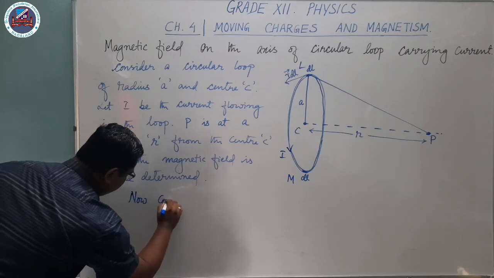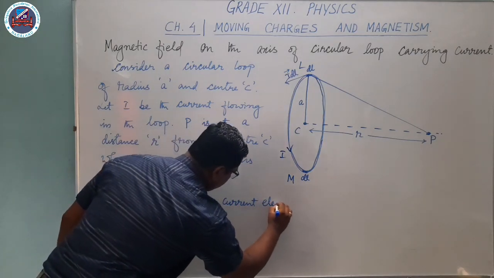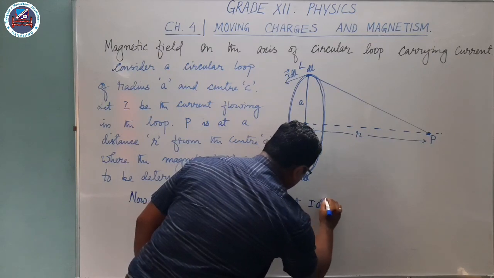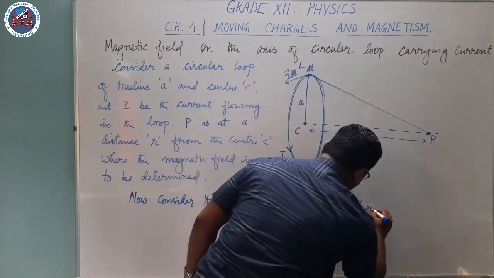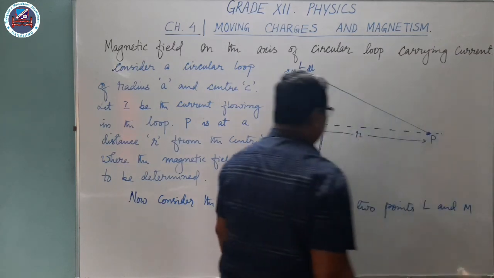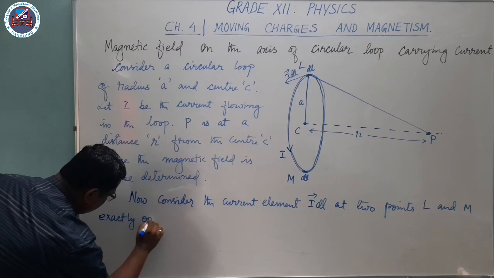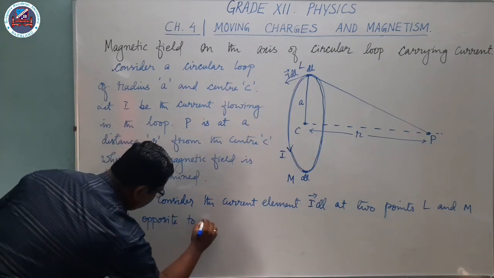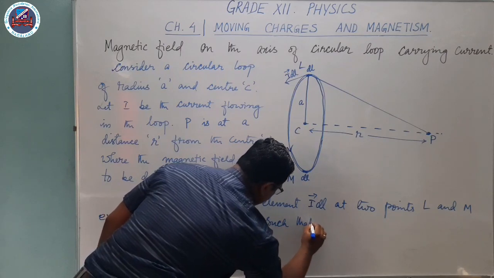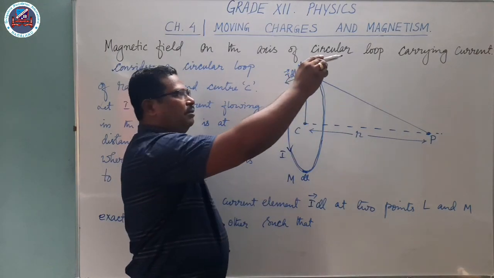Now consider the current elements, or current element Idl, at two points L and M, exactly opposite to each other, such that the current I at L is normally coming out of the paper.